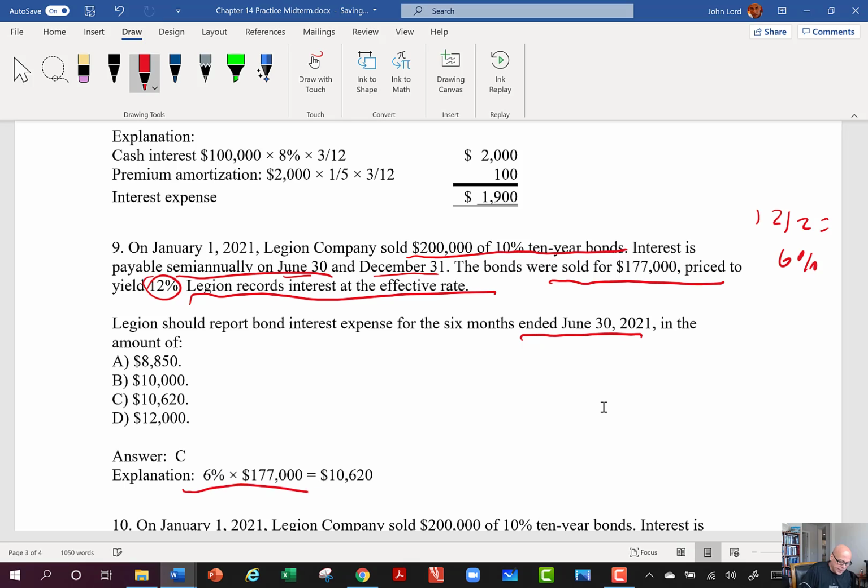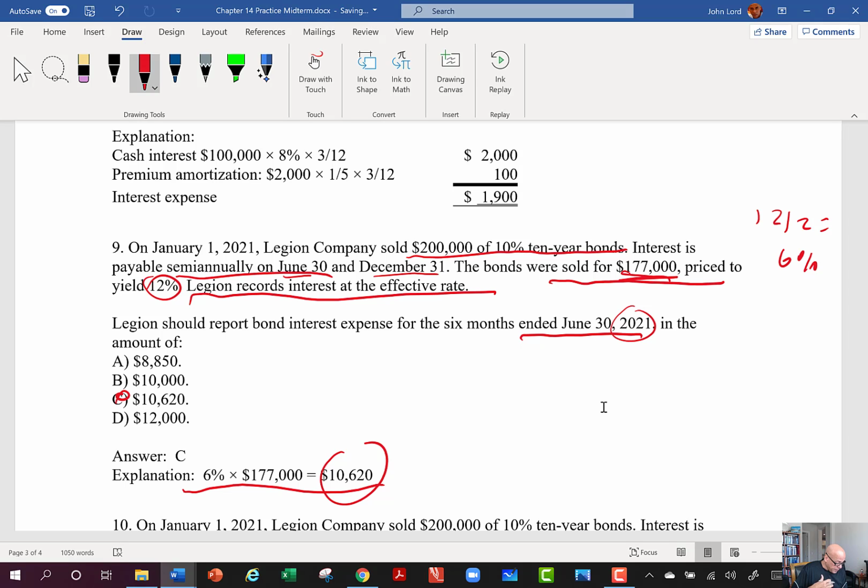And you multiply that by the carrying amount of the bond at the start of the period for which you're calculating the interest. So since this was the first interest payment at June 30th, 2021, and they sold the bond for $177,000, that bond started out for that first 6-month period with a carrying amount of $177,000 times 6% gives me the correct answer to this question.